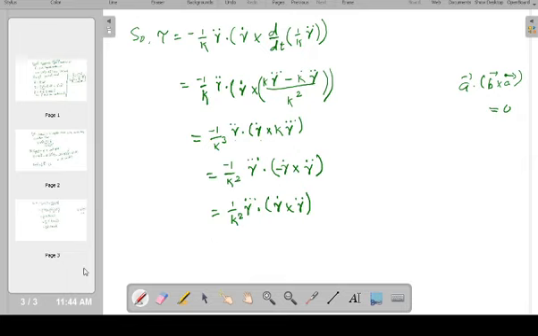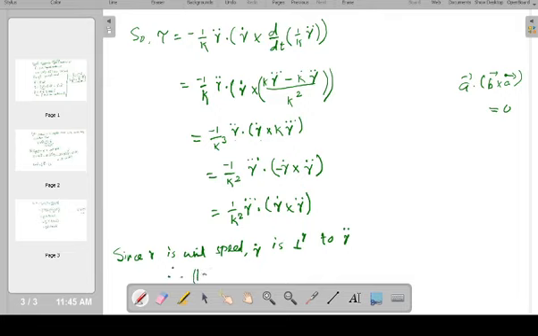Now observe that gamma is a unit speed curve. So gamma dot is perpendicular to gamma double dot. Therefore, you look at norm of gamma dot cross gamma double dot.